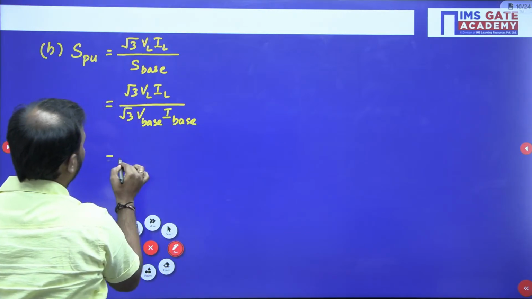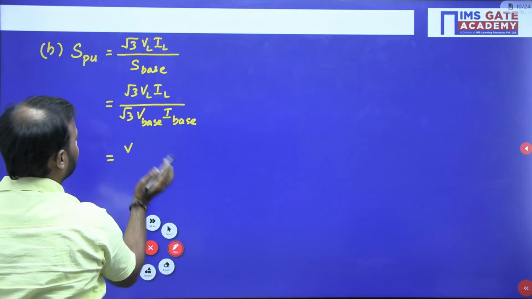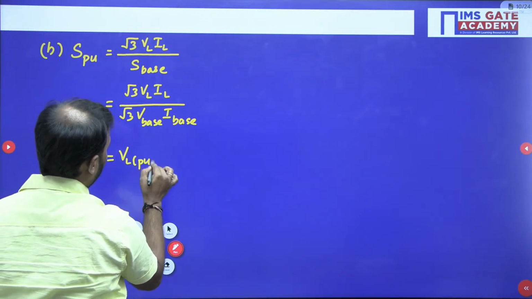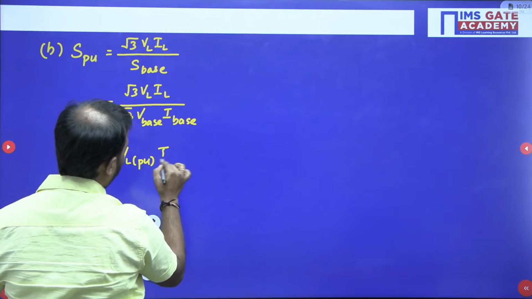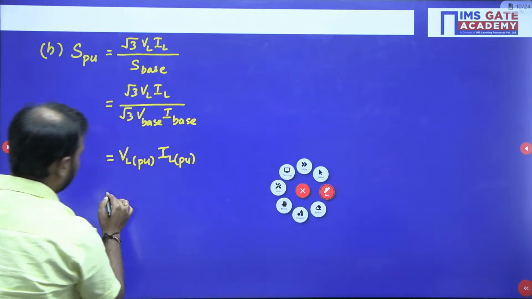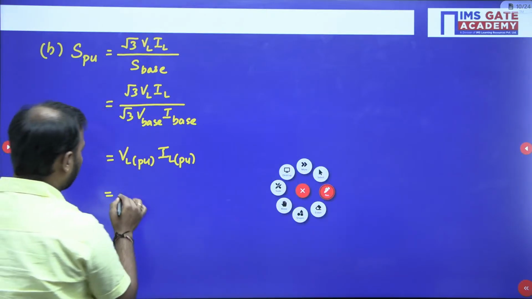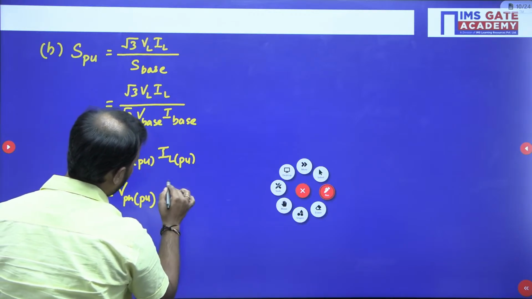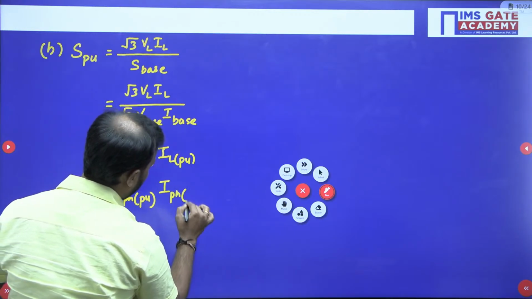So root 3 will be cancelled out. VL by V base is VL per unit. IL by I base is IL per unit. And we know that line and phase in per unit are both equal. So it is V phase per unit into I phase per unit.